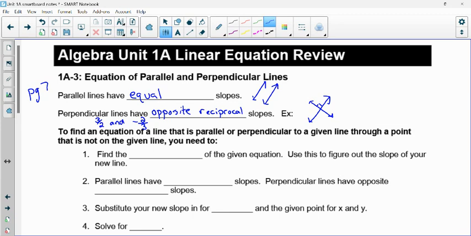What about the other, if I had -2, so the person next to you, what do you think the opposite reciprocal of -2 would be? Think about what number is underneath that 2.